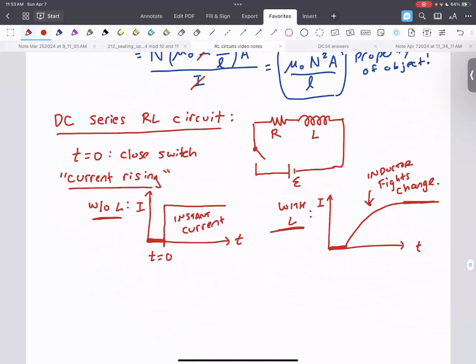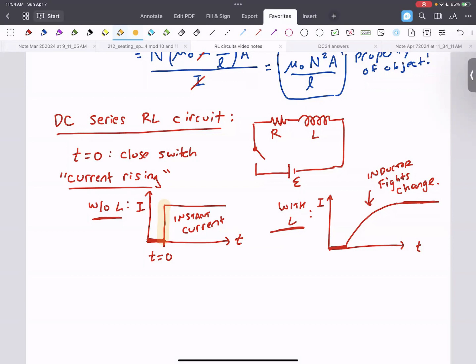So basically, the idea that what an inductor does is it causes it to resist change. It definitely does not like the instant rise in current. And so it's going to set up a back EMF that is going to oppose that change.